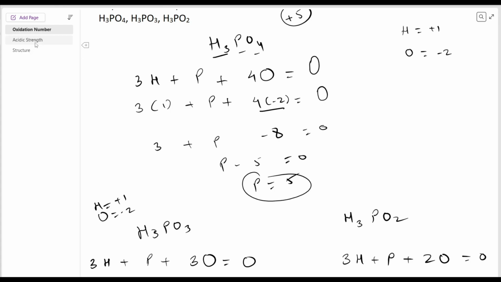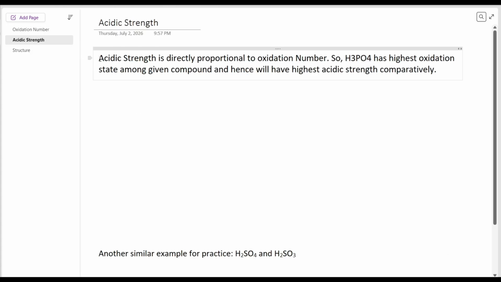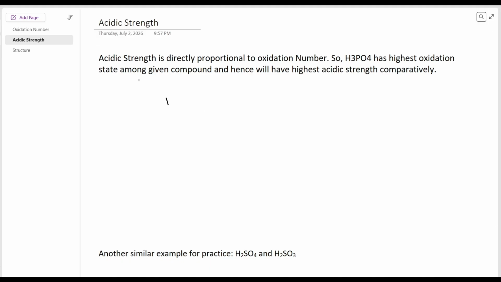Now, coming to acidic strength, we already have the trend of oxidation number for oxy acids of phosphorus. We know that H3PO4 has the highest oxidation number, +5. So the trend of acidic strength in this case is the same as the trend in oxidation number.